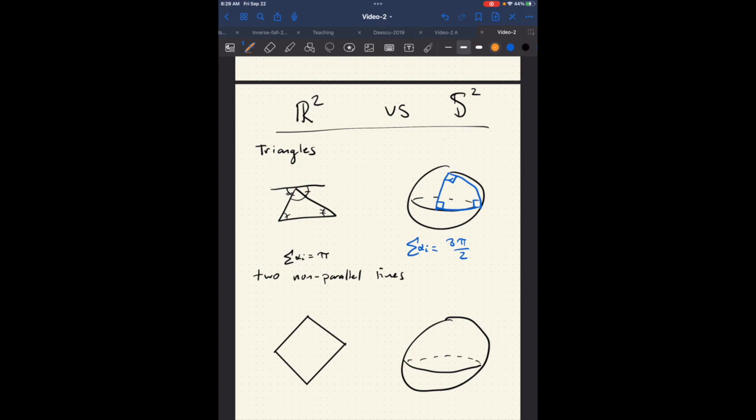Another difference is that if we look at two non-parallel lines in the plane, they intersect one time, but on the sphere, they intersect twice, once out front and once at the antipodal point there. So triangles behave differently, and two non-parallel lines also behave differently. This is somehow because the plane is flat and the sphere curves around. It has curvature.